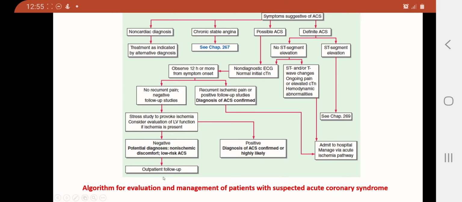This is an algorithm for evaluation and management of patients with suspected ACS. If you have symptoms suggestive of possible ACS, you do an ECG. If it is non-diagnostic and troponin is normal, you observe for 12 hours.